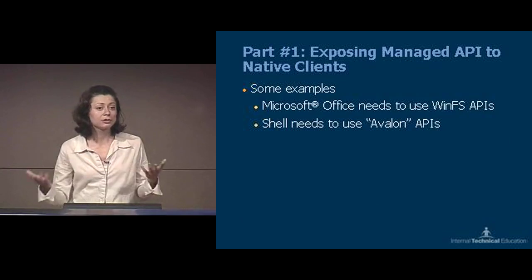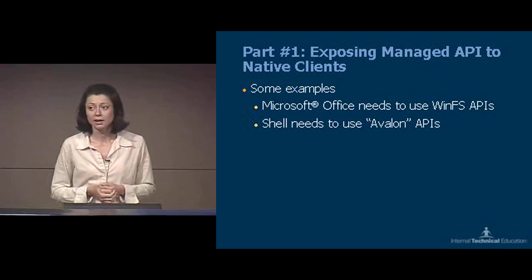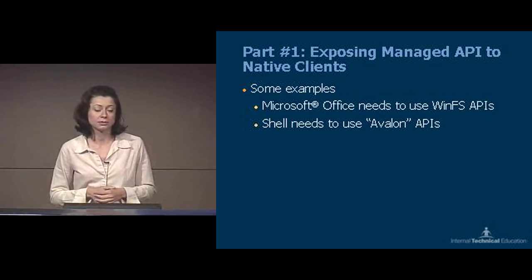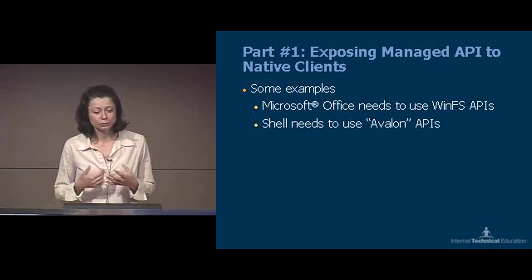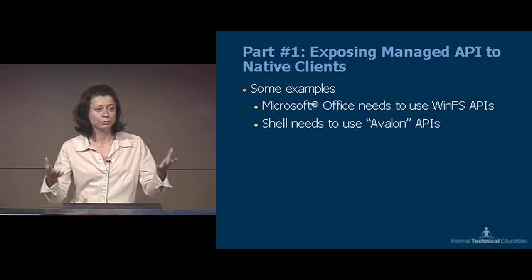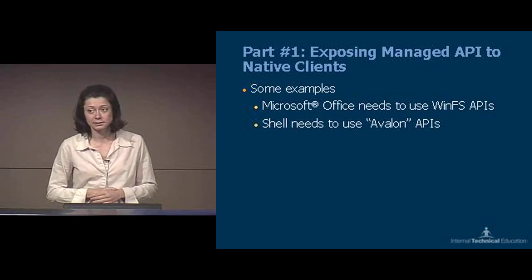So since there are two directions of interop, this lesson will have two parts. The first part, which we'll talk about now, is once you are writing your managed library, how do you expose this library to native clients? Maybe you have native clients.